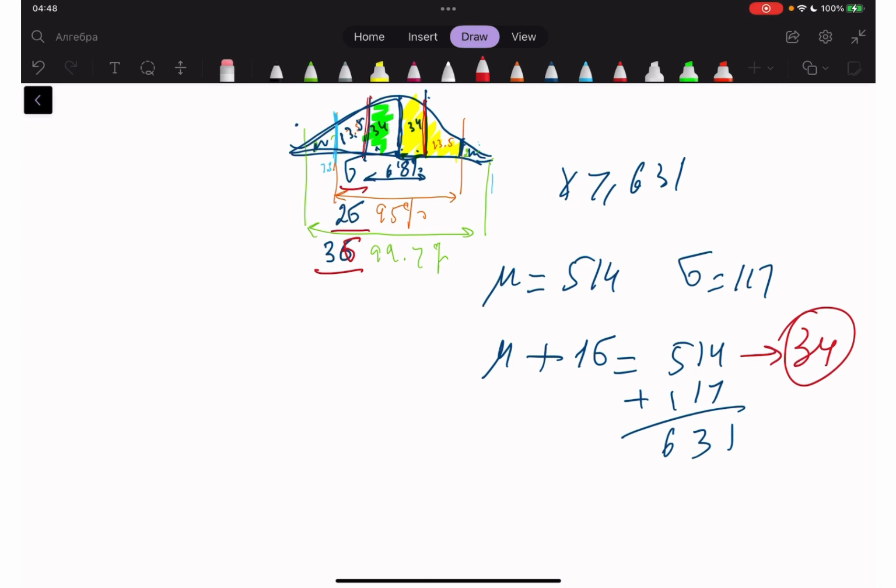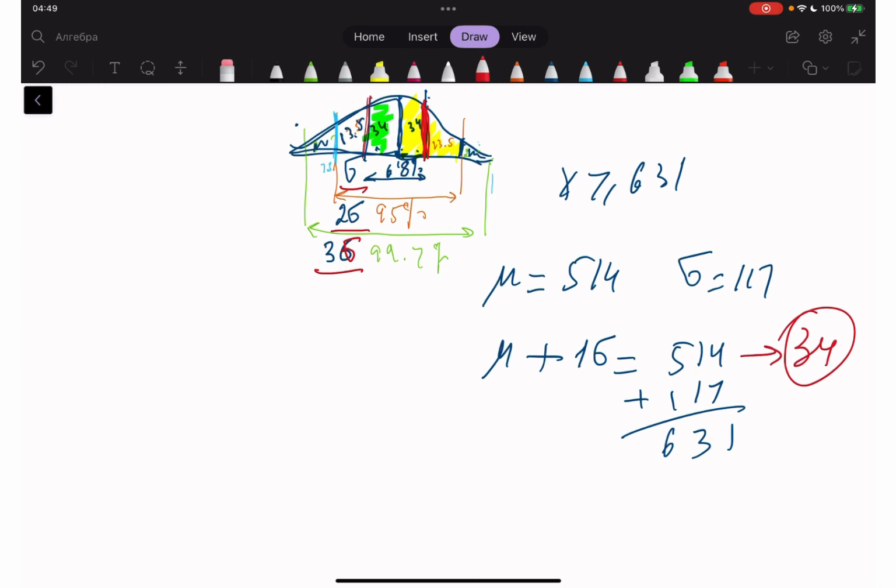All right, so 631 is going to be right here, and more. So this is going to be 34%. So in our case, what will we have left?